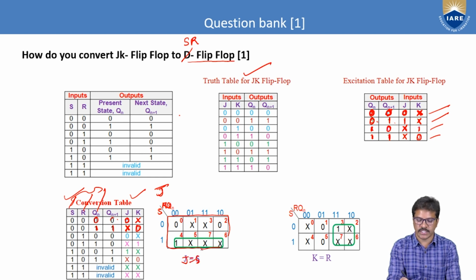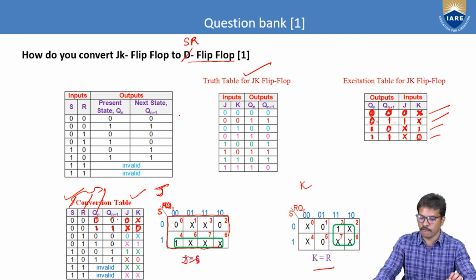When J is equal to S, in order to convert to SR flip-flop, the J input is connected to the S input, and the K input is connected to the R input, so that you get the final conversion.